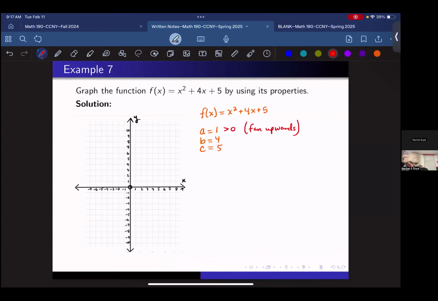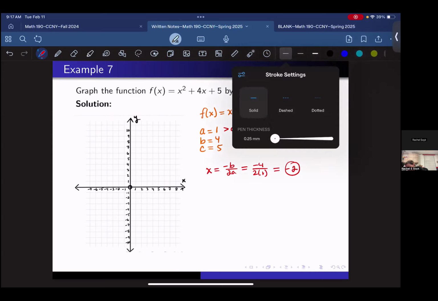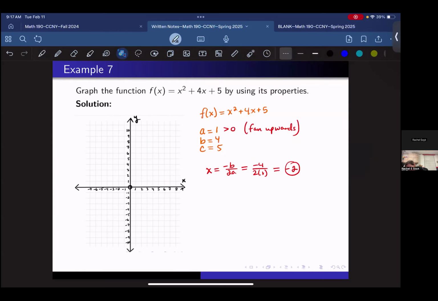And then let's jump into identifying our axis of symmetry, our negative b over 2a, which is negative 4 over 2 times 1, which gives you negative 2. And let's plot that. So x is equal to negative 2.